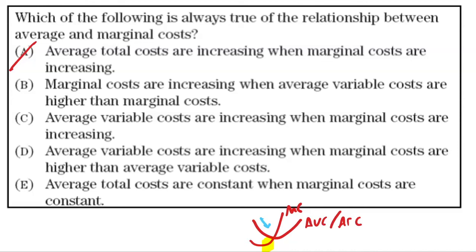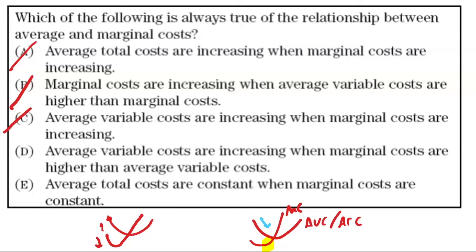Well, yet again, that's not true, because our marginal cost is decreasing at this point, but then here, our average variable cost at the same point is going to be above it, so B is incorrect. C is the same thing as A, because remember, average total and average variable have the same relationship with marginal cost. So C is also incorrect if A is incorrect.